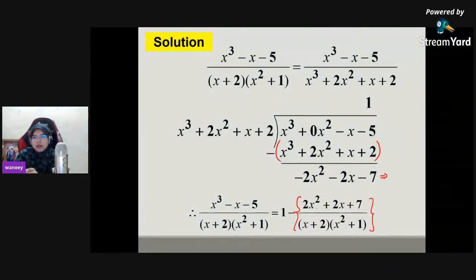So x plus 2 is actually a linear function. For x squared plus 1, we should check first, can we factorize it completely or not? You should be able to realize that x squared plus 1 is actually a quadratic that cannot be factorized.